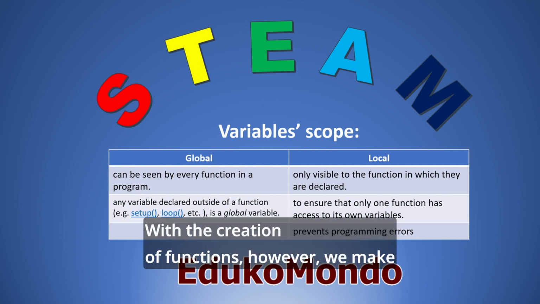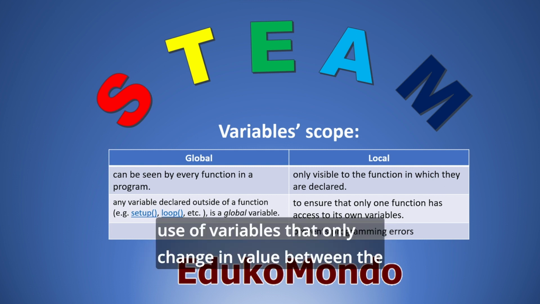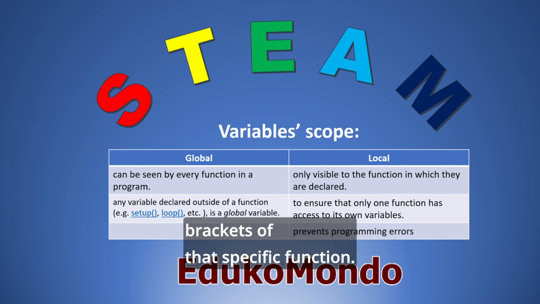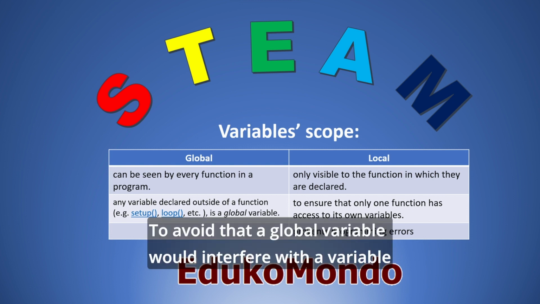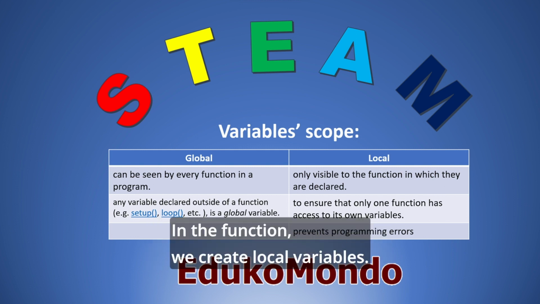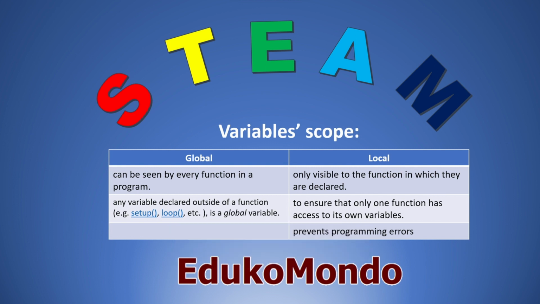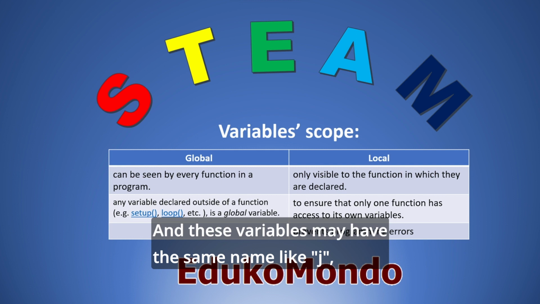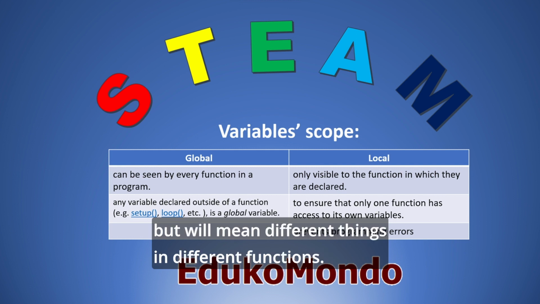With the creation of functions, however, we make use of variables that only change in value between the brackets of that specific function. To avoid that a global variable would interfere with a variable that may have another use in a function, we create local variables. And these variables may have the same name, like j, but will mean different things in different functions.